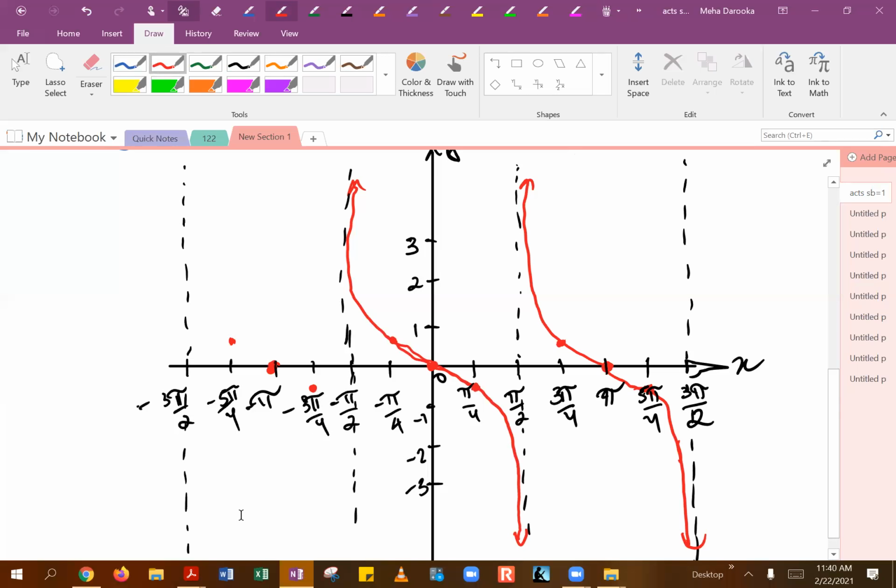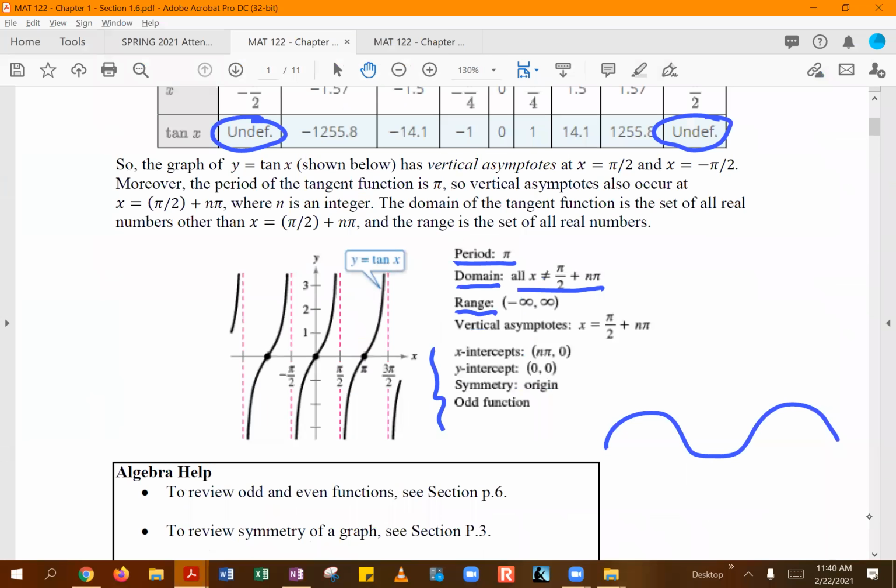And again, you will see that same repetition in this pattern happening over here. So kind of like what you saw in this shape over here, that is going to keep repeating between those vertical asymptotes.